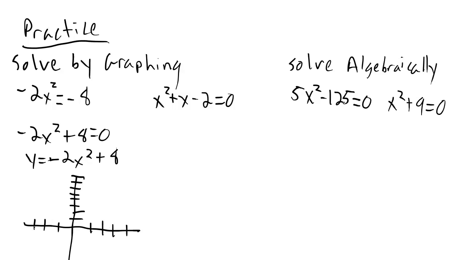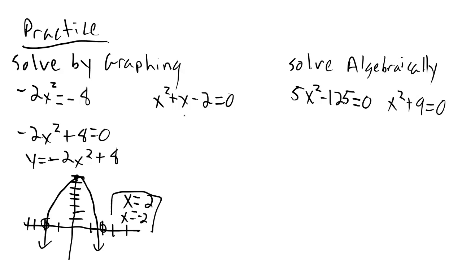Check this out. We get a point up here, and something that looks roughly like that. What are our solutions then? Well, it's our x-intercepts, where this crosses the axis. So we get x is equal to positive 2 and x is equal to negative 2. Those are our solutions for this one.